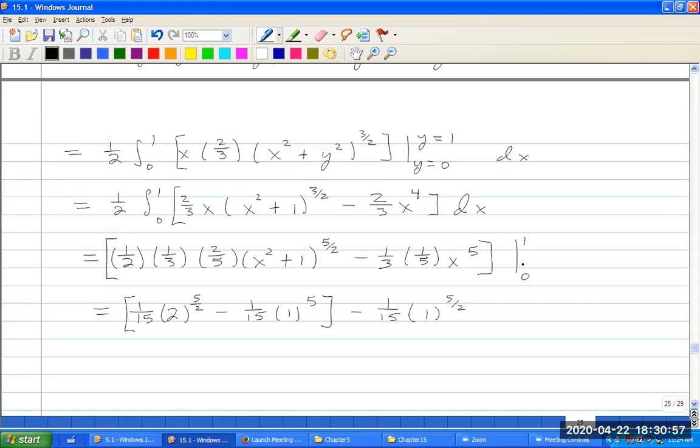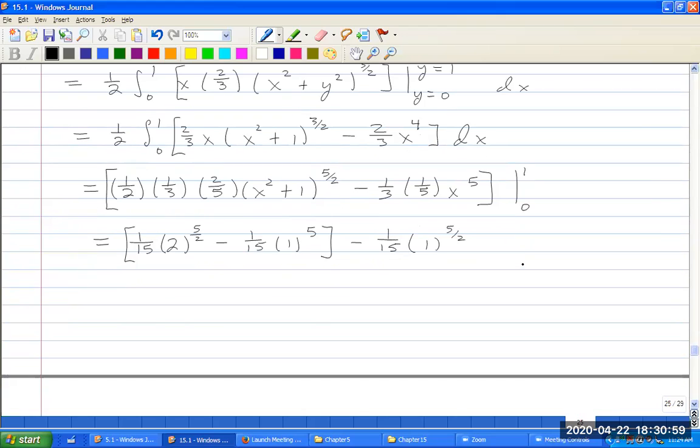Minus 0, so that doesn't give me anything. So this is equal to 1/15, so that's 4 root 2 over 15 minus 1/15 minus 1/15 is 2/15.